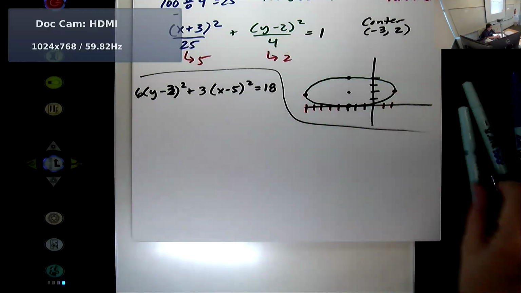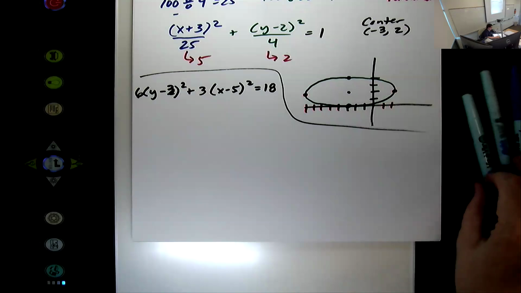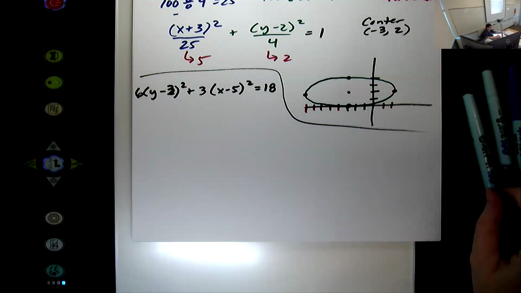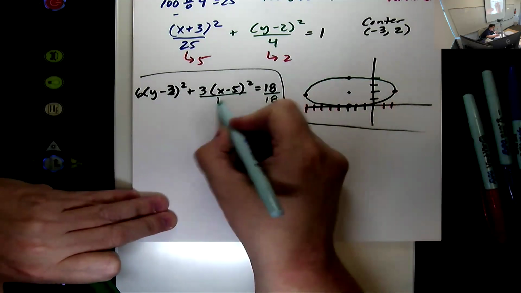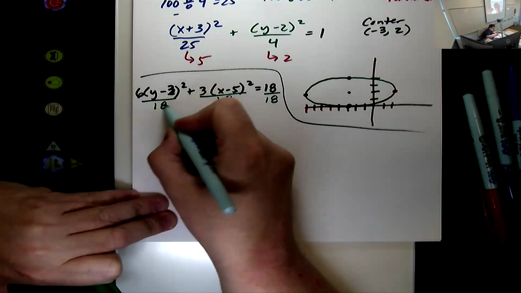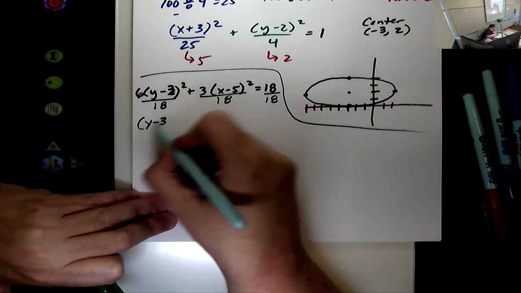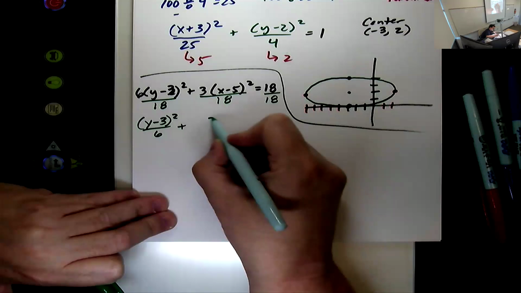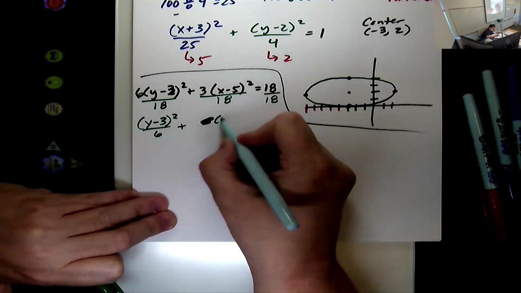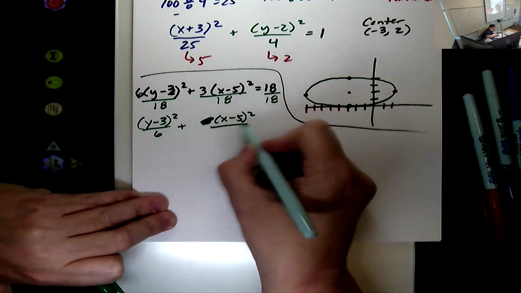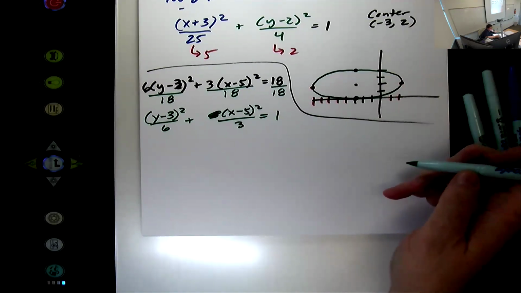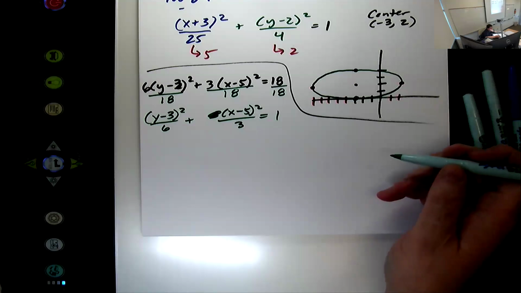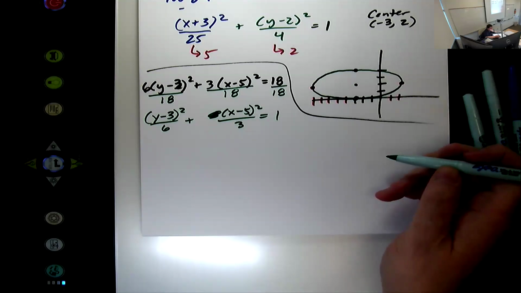Alright, so what do we do here? First, we want to divide 18 of the equations. And since we can't square anything, our radius is 6 and 3.